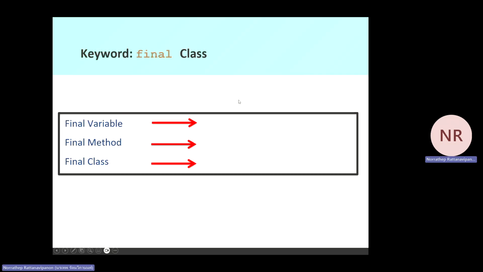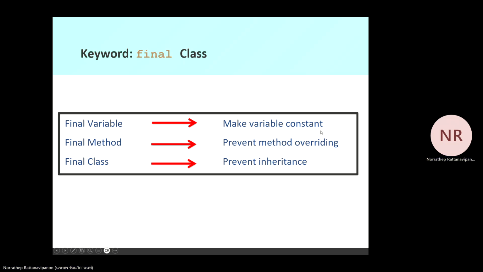So now we cover the use cases for the final keyword. You can apply the final keyword to attributes, to methods, and to classes. When you apply it to an attribute, that attribute is constant. Once you assign a value to that attribute, it cannot be changed later.